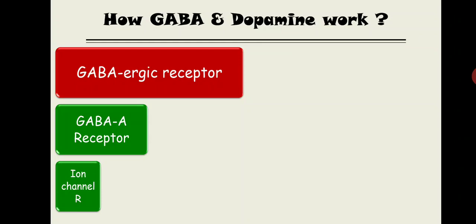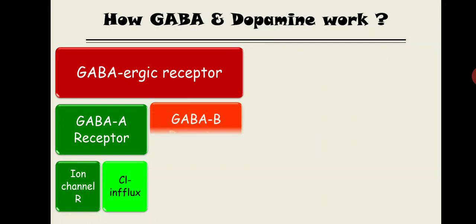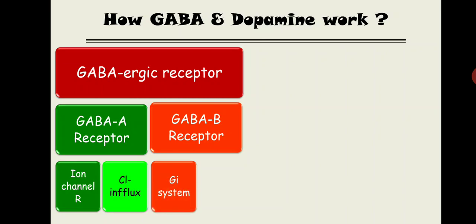It opens the chloride channel, so it causes chloride influx. On the other hand, the GABA B receptor is the Gi system, the G inhibitory system, and it will decrease the cyclic AMP. So GABA working with different types of receptors produces different types of action.